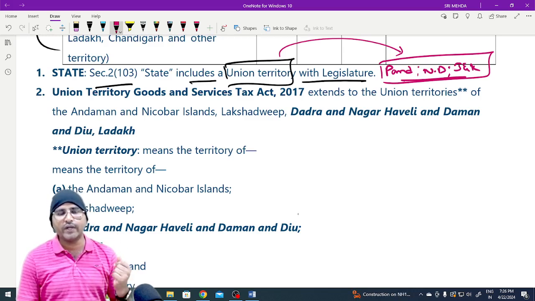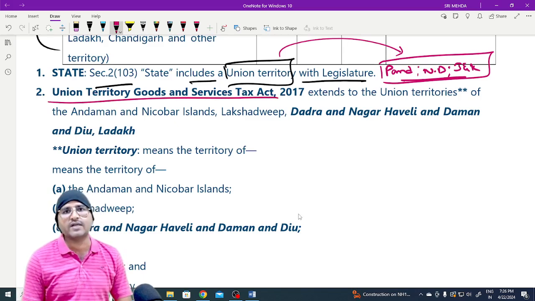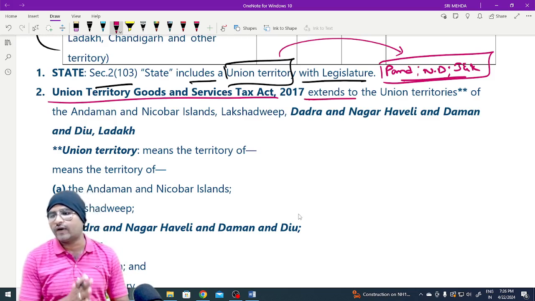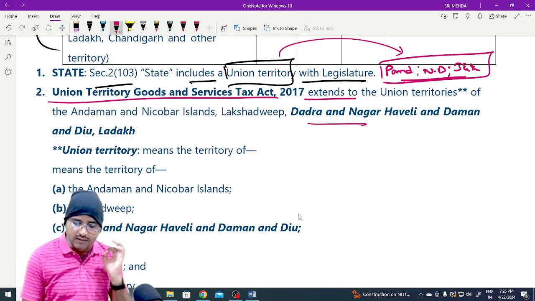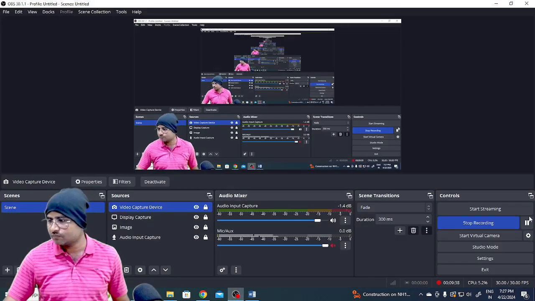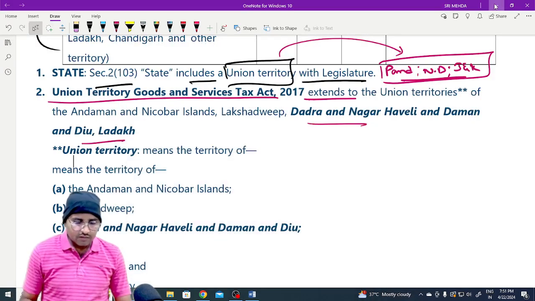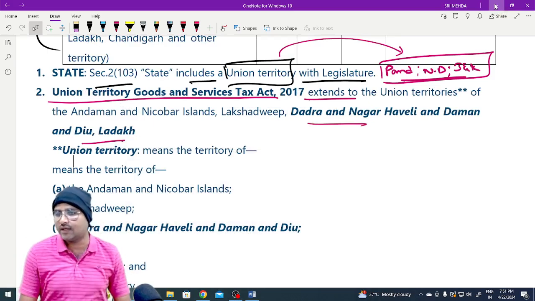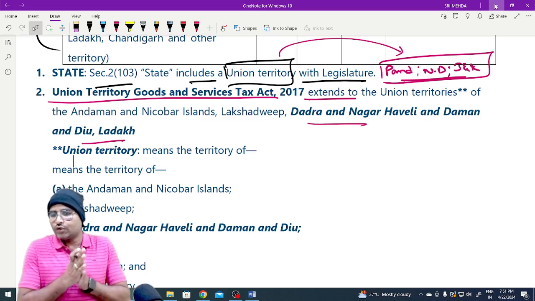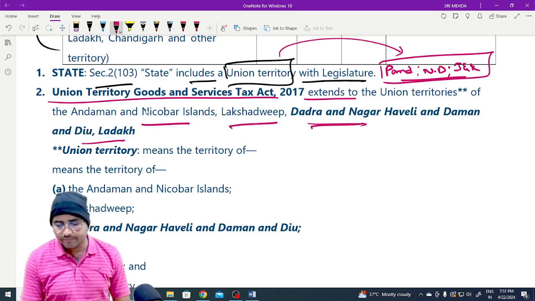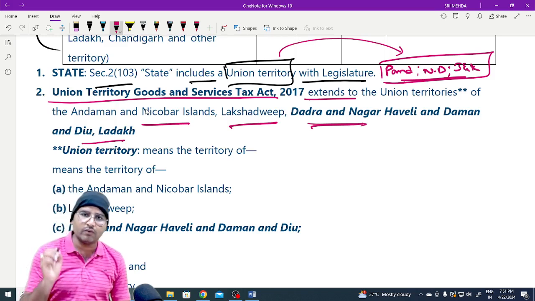And point number 2, union territories. Union Territory Goods and Service Tax Act 2017. The UTGST Act extends to all the union territories: Andaman Nicobar Islands, Lakshadweep, Dadra and Nagar Haveli, Daman Diu, Ladakh.